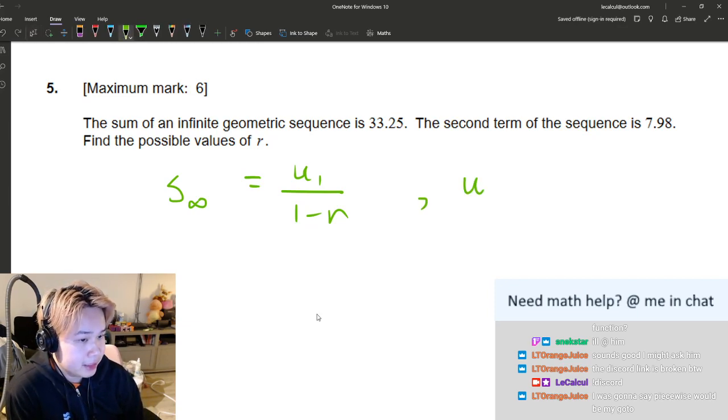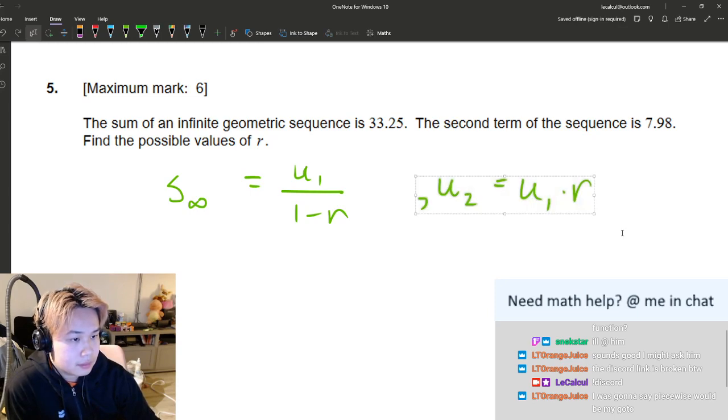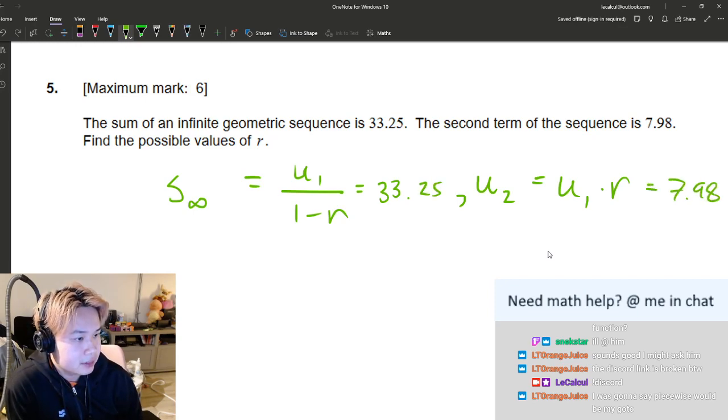And then the other one is, I know that u2 is u1 times my common ratio. So this thing is 33.25. And this thing right here is 7.98.